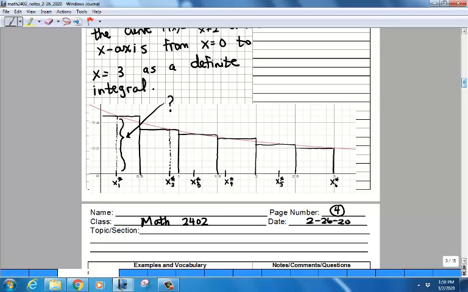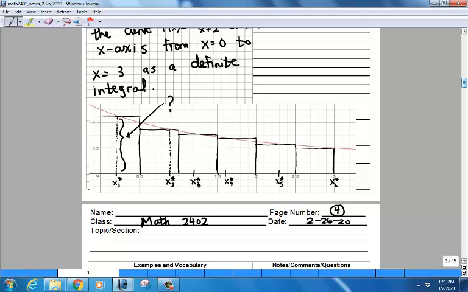I'm going to calculate the area of each one of those rectangles, add those together, and use that as the area for the region beneath the curve. Now, I'm going to be off by a little bit, aren't I? Because when I compute the area of these 6 rectangles, which I know how to do from geometry, I'm going to miss the correct area under that curve, because the rectangles don't perfectly fit into that area.